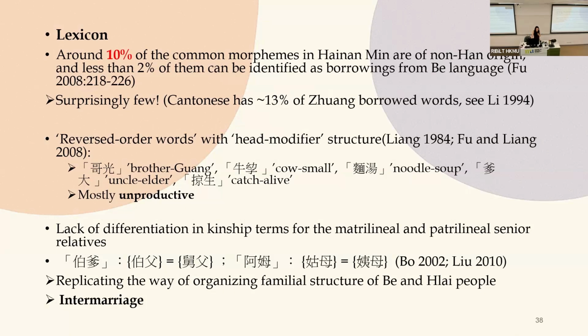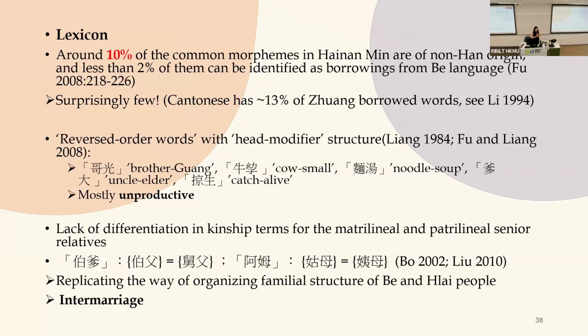This is not a very significant number because when we compare it to Cantonese, which we consider less peripheral than Hainan Min, Cantonese has at least 13% of its basic lexicon coming from Zhuang borrowed words. And they have even more coming from Mienic borrowed words. So some scholars said around 20% of Cantonese daily vocabulary items are actually of non-Sinitic origins.